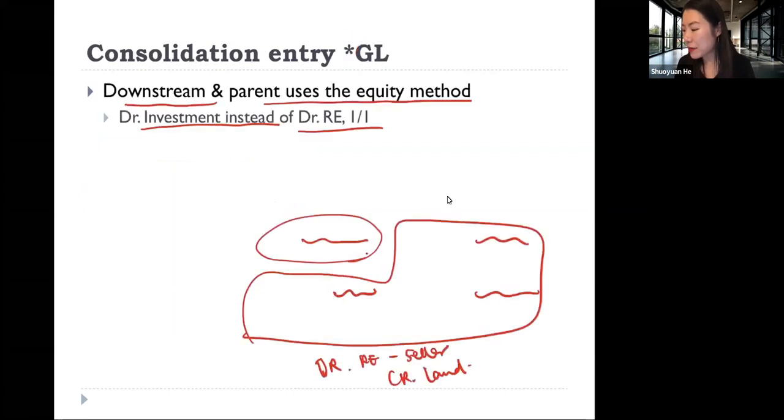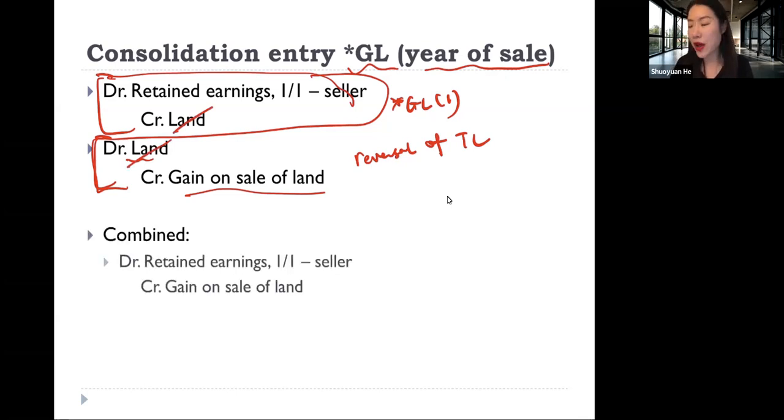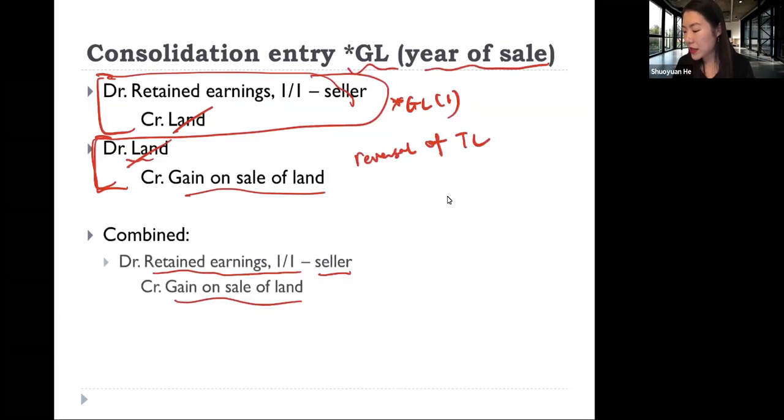To reverse it, we debit land, credit gain on sale of land. This is how we reverse the previous deferral. And then here, land cancels out. So if you combine these two entries, we get debit retained earnings for the seller and credit gain on sale of land. This is the combined entry.